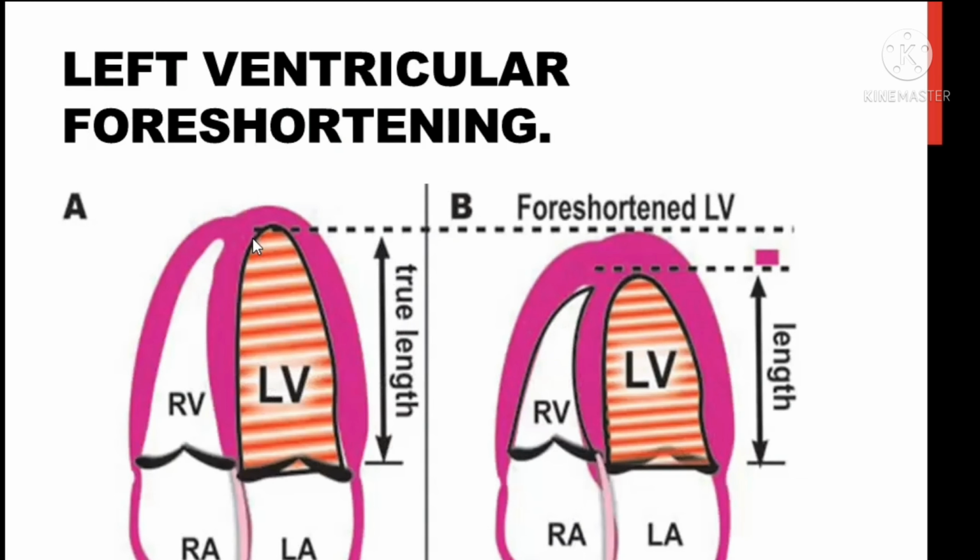This is what we mean by a foreshortened left ventricle. If you don't have the proper LV, like you don't see the proper clean apex, it will be shortened and look like an ellipse. So you should have a longitudinal and properly visible LV.